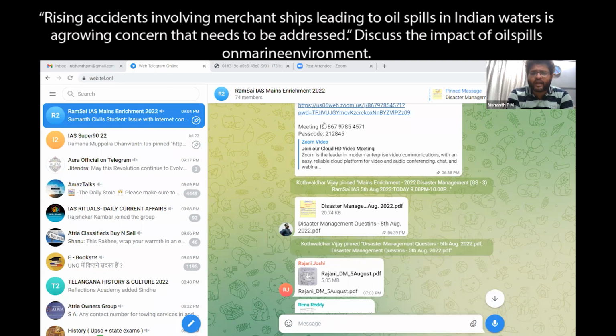Similarly, preventable is only when you follow certain protocols. That is the only solution. And that's why I said we should have anti-collision mechanisms in the ships, so that when the ships approach each other closely, immediately their routes are diverted.